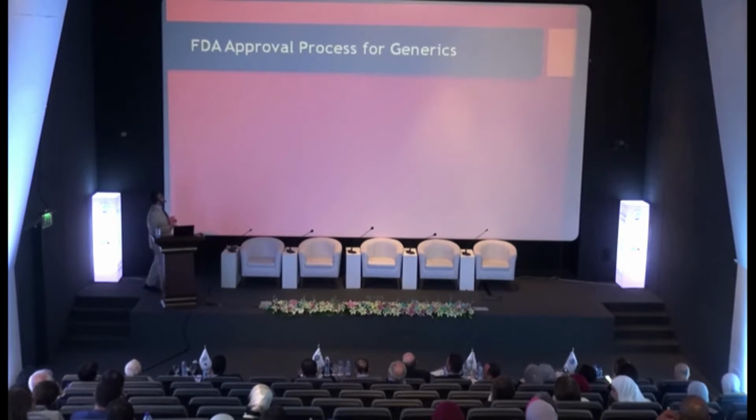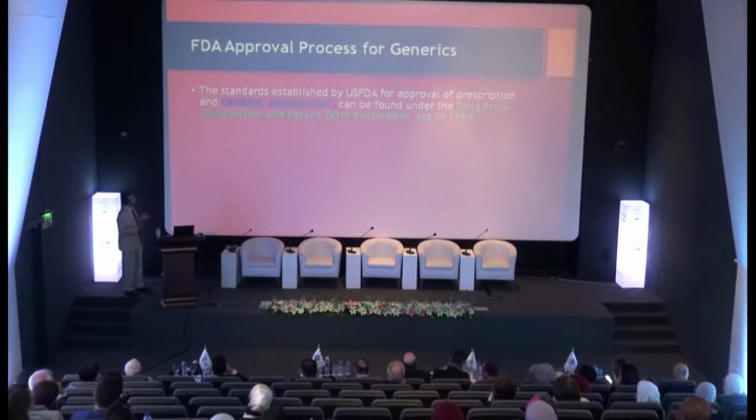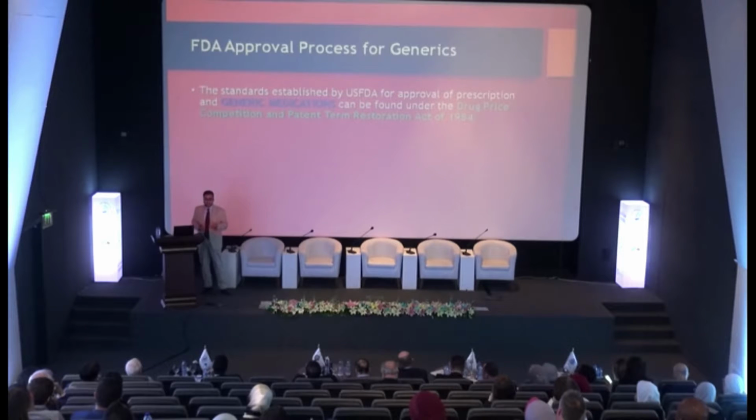All right. So the FDA approval process is well known to most of you, if not all. The standards established by the US FDA for approval of prescription and generic medications can be found under the Drug Price Competition and Patent Term Restoration Act, also known as the Hatch-Waxman Act of 1984, which made it possible for generic medication manufacturers to apply for an abbreviated new drug application and get in the market without going through clinical trials.